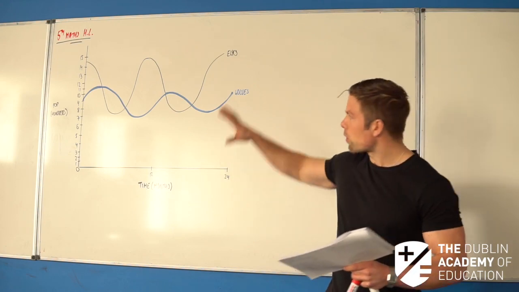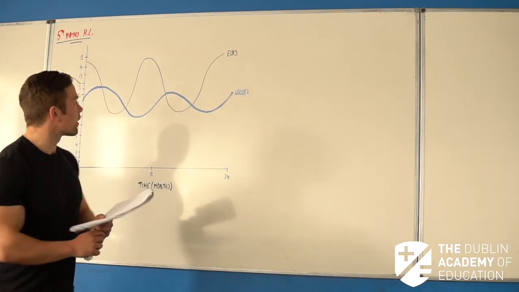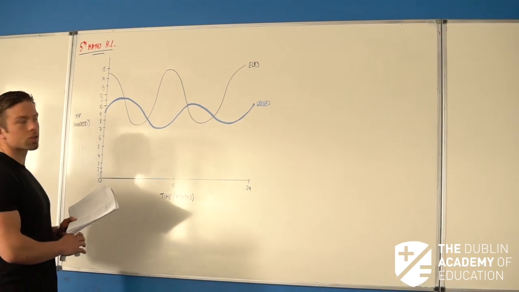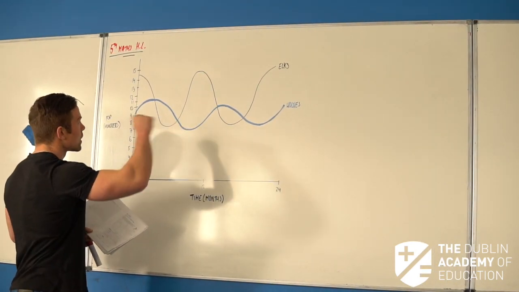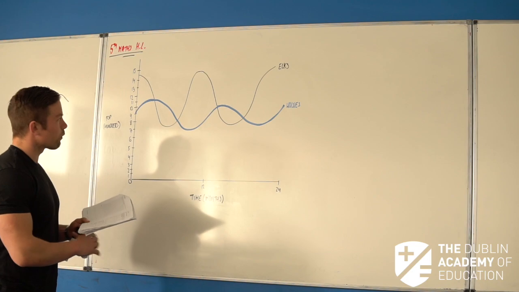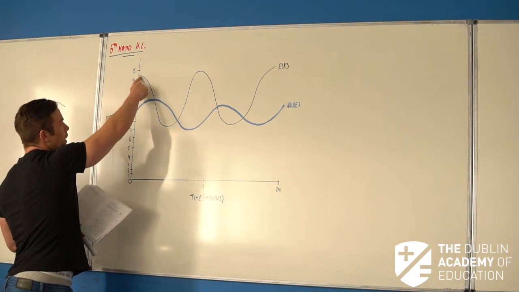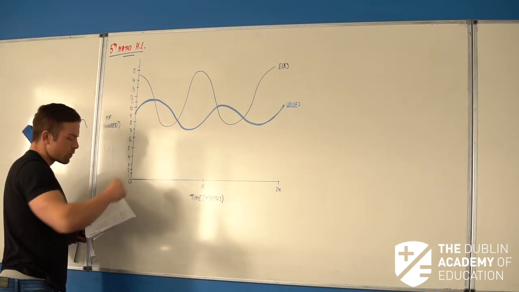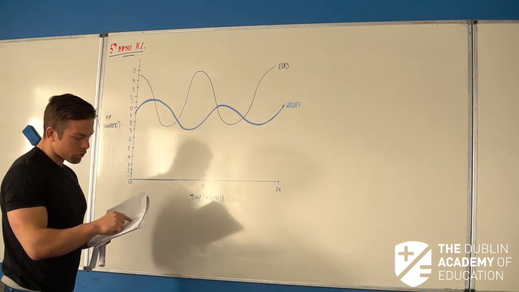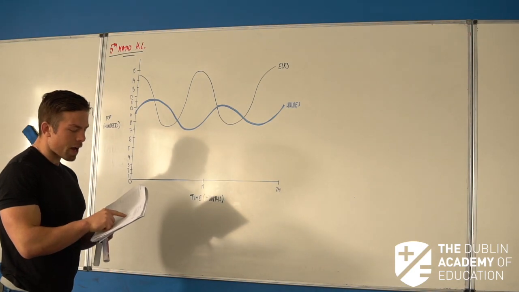So without even reading the question, if I look at my graph over here, if I just focus on the elks for a second, so forget the blue one with the wolves, just focus on the elks. Okay, the first thing I want to do is draw a midline. So I check how far up it goes and I check how far down it goes. If you look at your notes there, it goes from 14.5 down to 7.5.